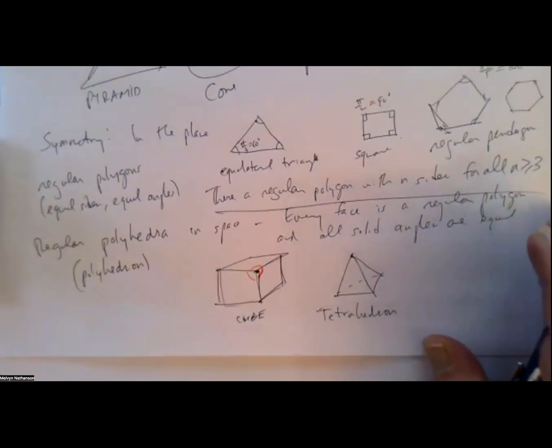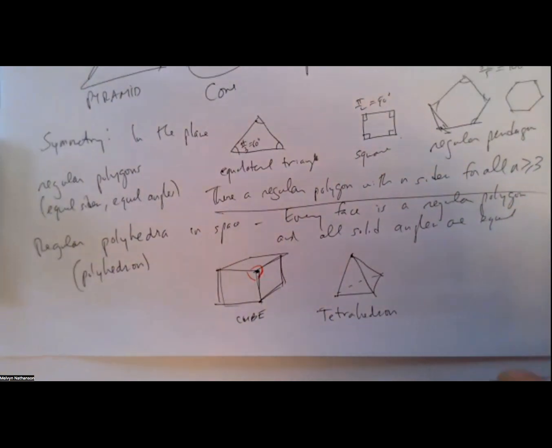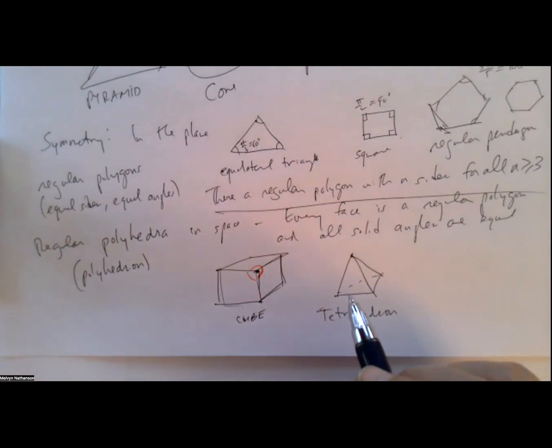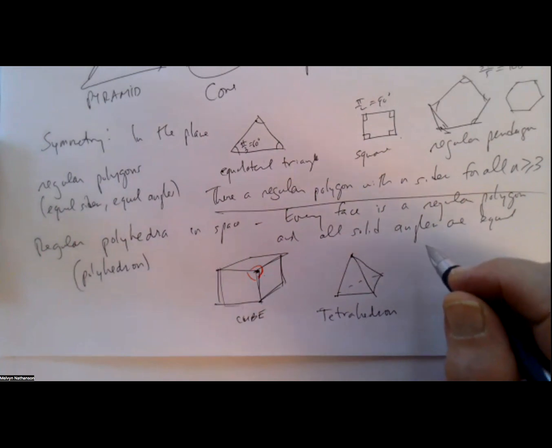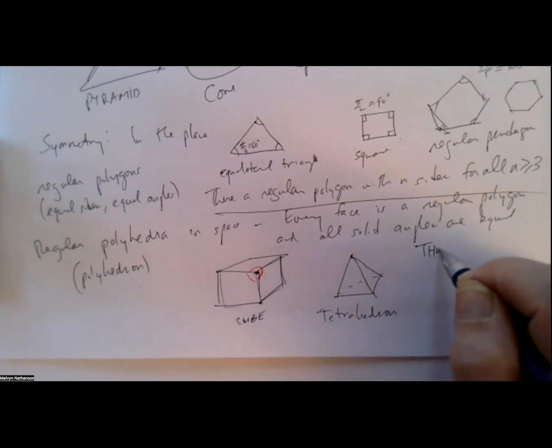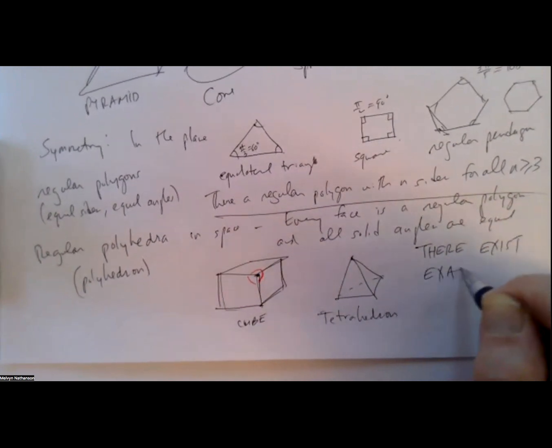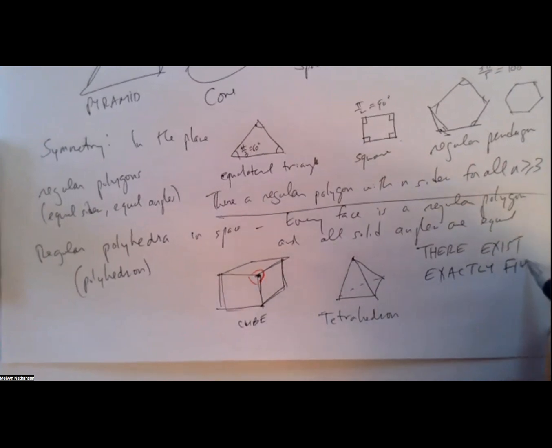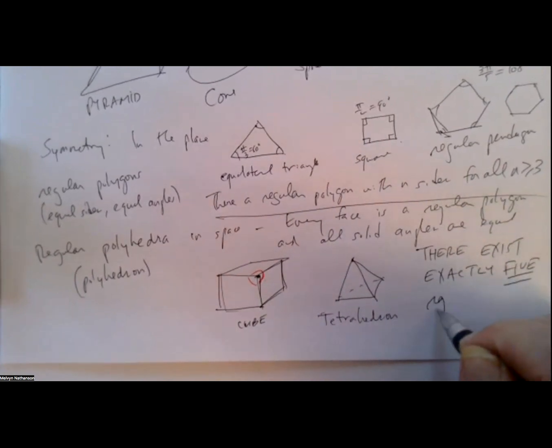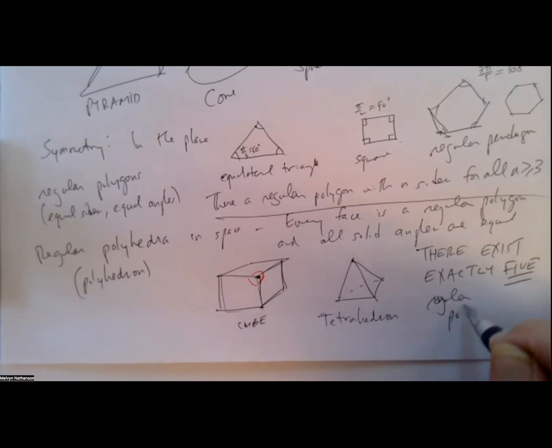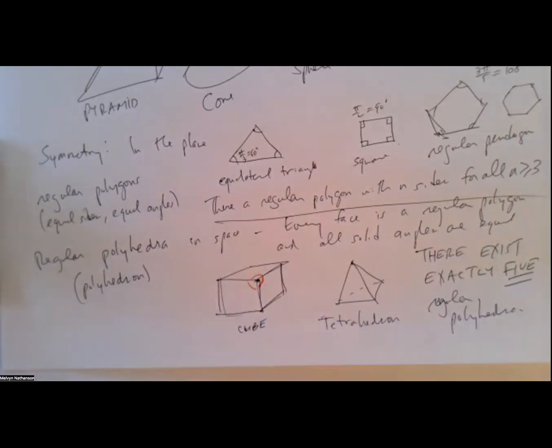You may not be able to construct it with straight edge and compass, but you can see how it can be constructed. What about the regular polyhedra? Can you have infinitely many regular polyhedra? The answer is no, and this is a beautiful theorem in Euclid, which says there exist exactly 5 regular polyhedra.